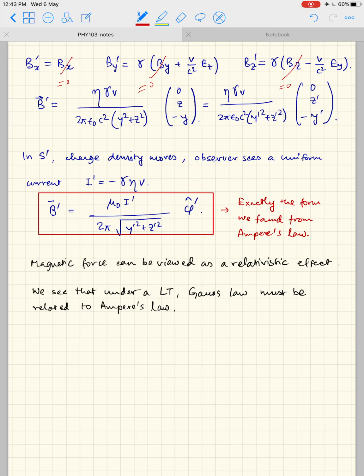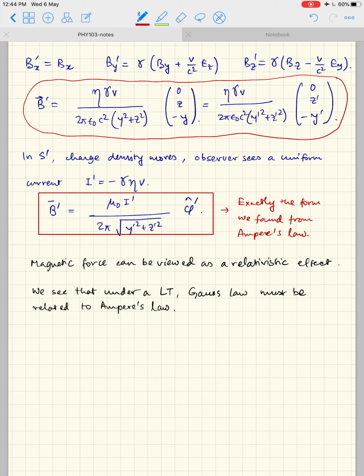Once we wrote this down, the expression for the B's was just given by this.